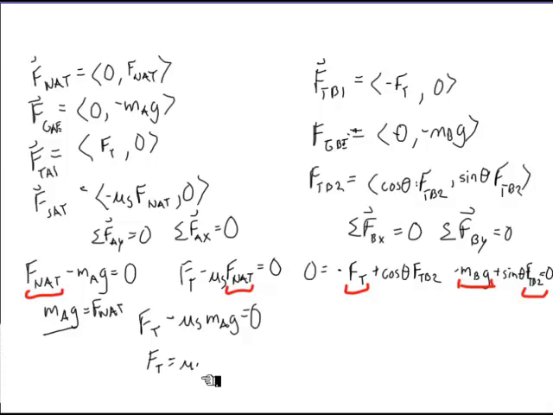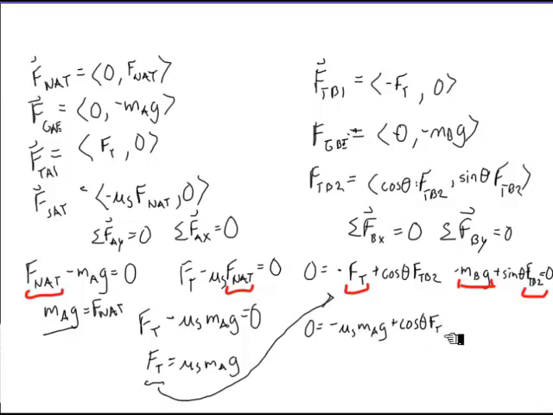So you may use all the equations, you may not. This one we will end up using every single equation that we generate. Where does this go? Down along the line. 0 equals negative mu S MAG plus cosine theta FTB2.